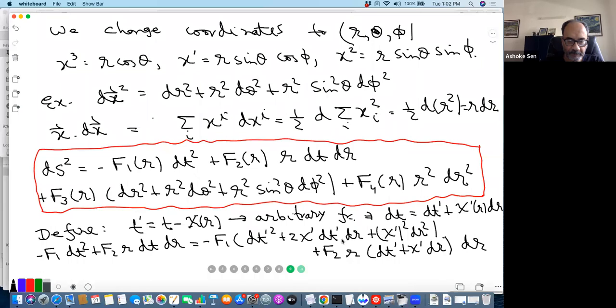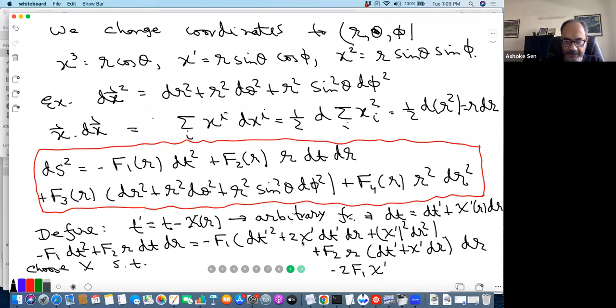So what does it involve? We choose chi such that, so dt prime dr, the first term gives you minus 2 f1 chi prime.